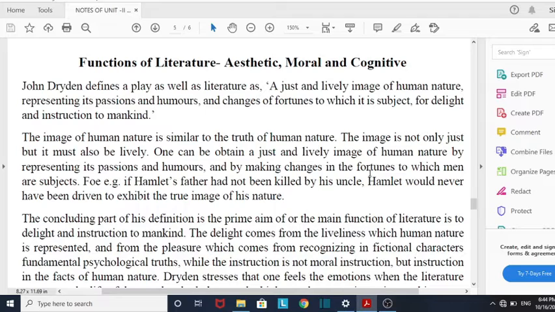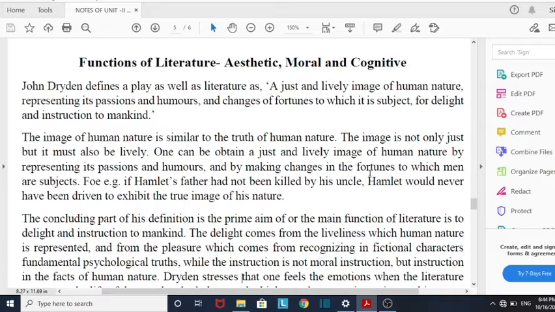One character is talking about the ancient literature, the literature of the older ones. The second character is talking about how Elizabethan literature is greater than the ancient literature. And the third character is saying that no, it was the French literature which is better than all the ancient literature, all the English Elizabethan literature.